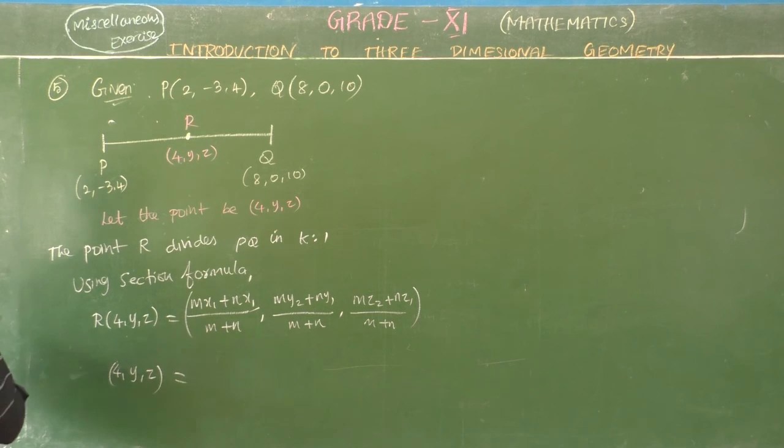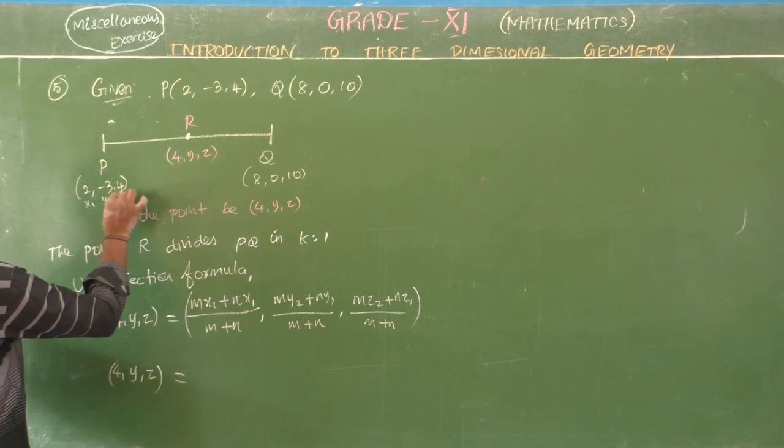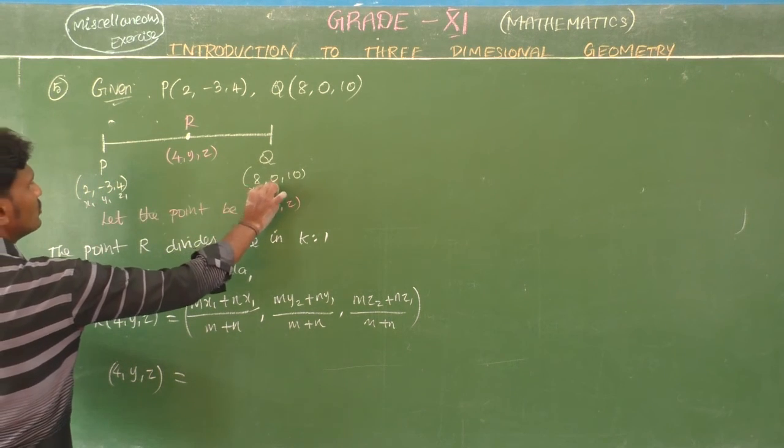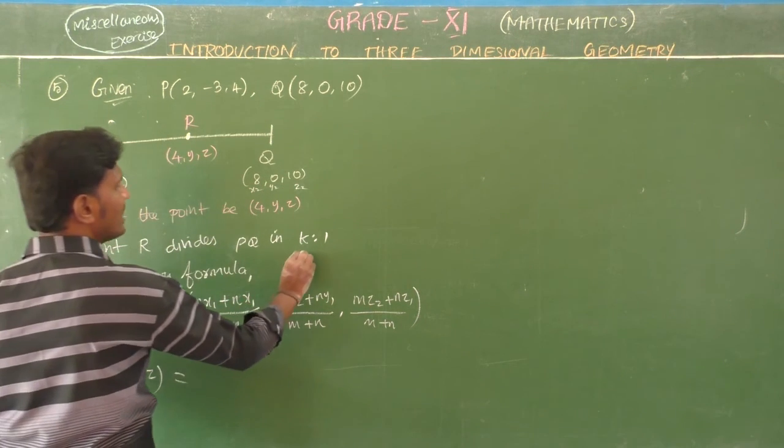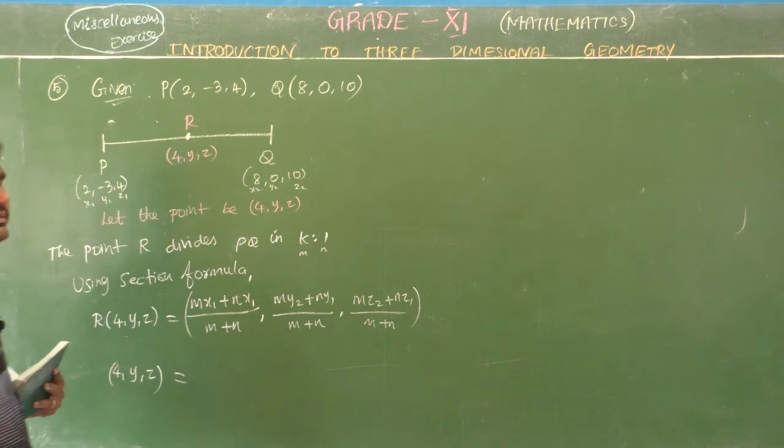Now you are going to use x1, y1, z1, x2, y2, z2, and k is m and n is 1.